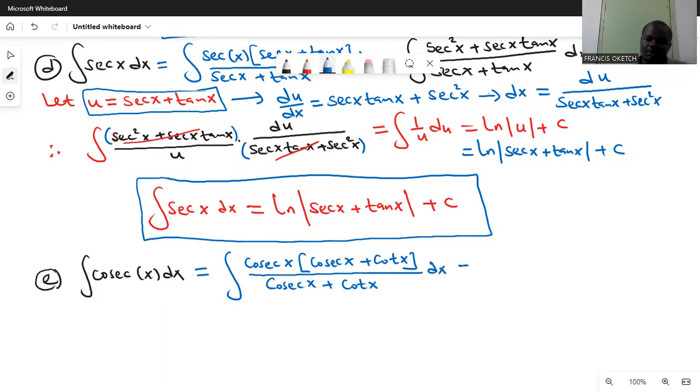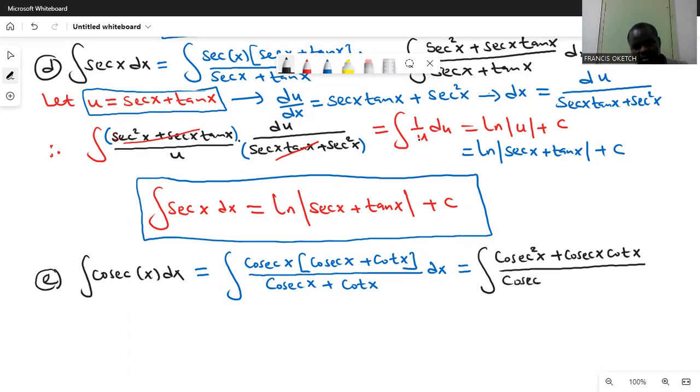And you can now open the bracket in the numerator so that we have the integral of cosec squared x plus cosec x cot x, everything over cosec x plus cot x dx.